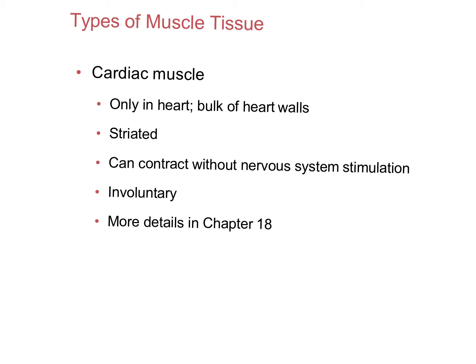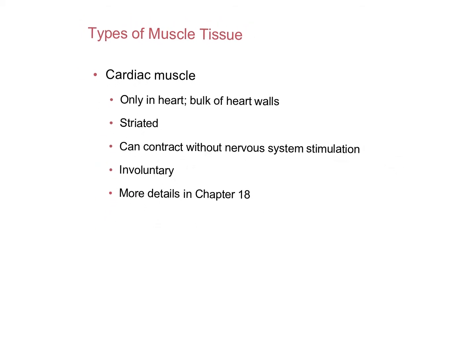So the structure of cardiac muscle is different because the function is different. Striated, yes, they can contract without nervous system stimulation. So they can contract on their own, therefore they're involuntary. And we'll talk more about this in chapter 18.